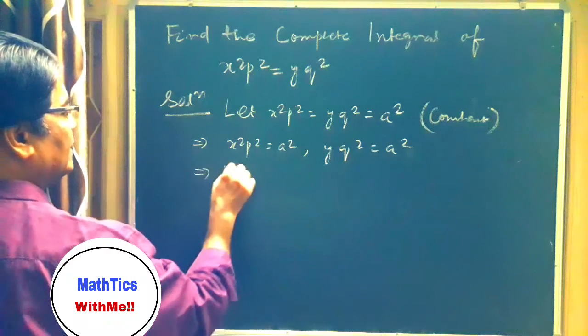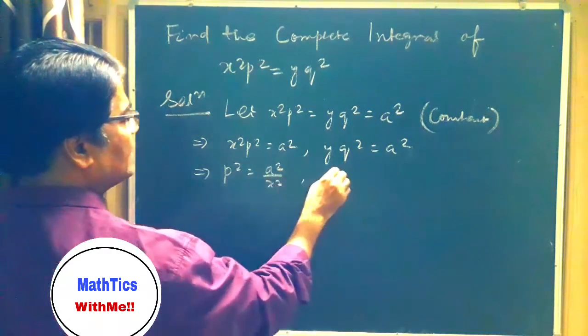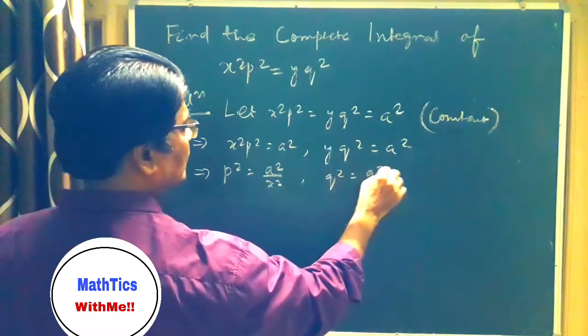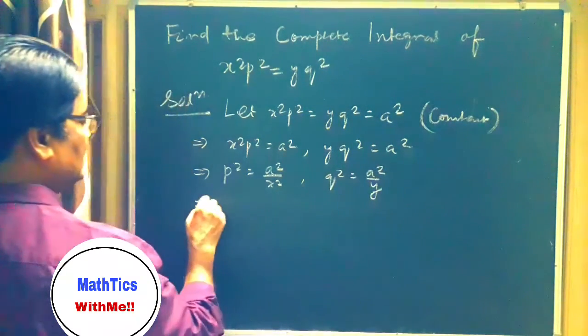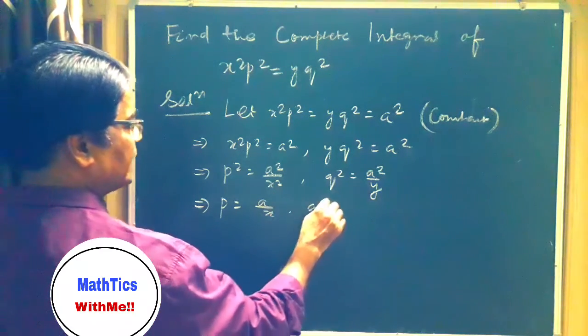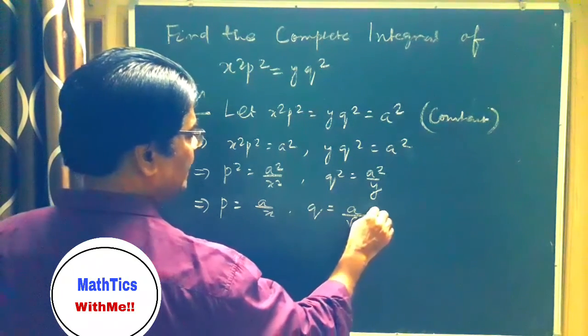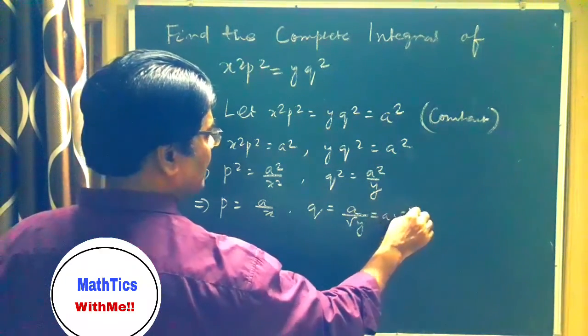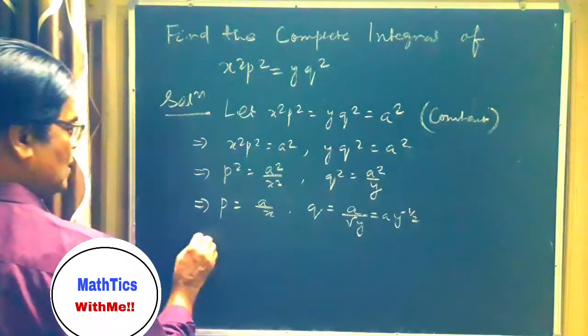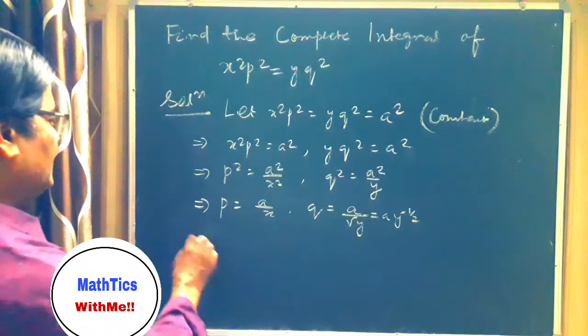Then we get p square is equal to a square by x square, q square is equal to a square by y. This gives us p is equal to a by x, q is equal to a by root y, that is a y to the power minus half. And we are getting the values of p and q now.